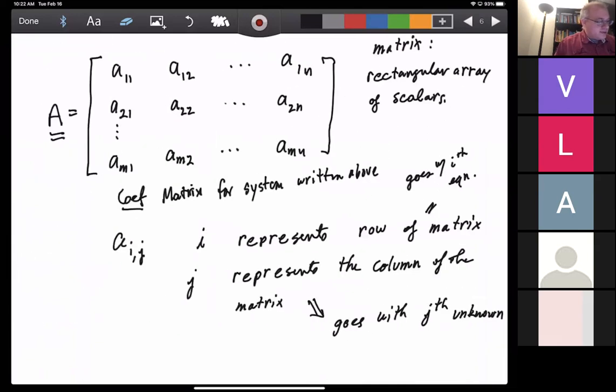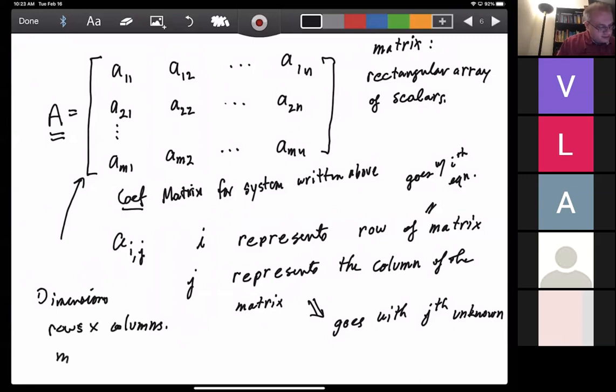We can talk about the dimensions of our matrices. We give the number of rows times the number of columns. So for this matrix, we've got m rows and n columns.